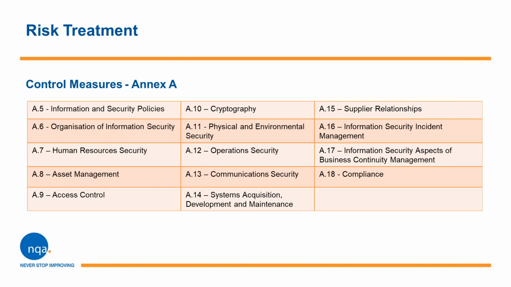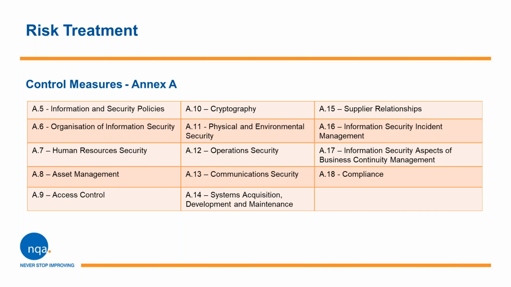A10 talks about cryptography, and this is the controls related to encryption and key management. And then A11 is again another big section about physical and environmental security. These controls define secure areas, entry controls, protection against threats, equipment security, secure disposal, and also clear screen policy.